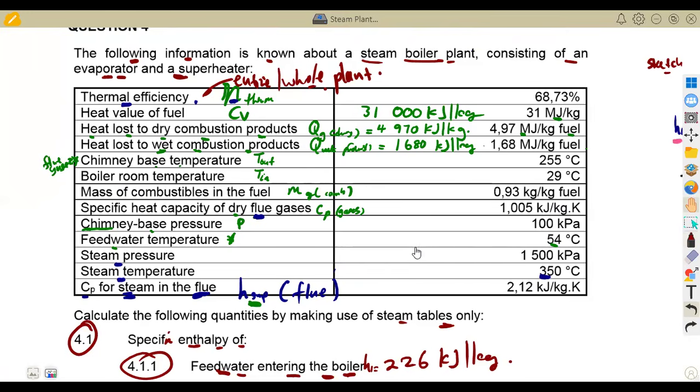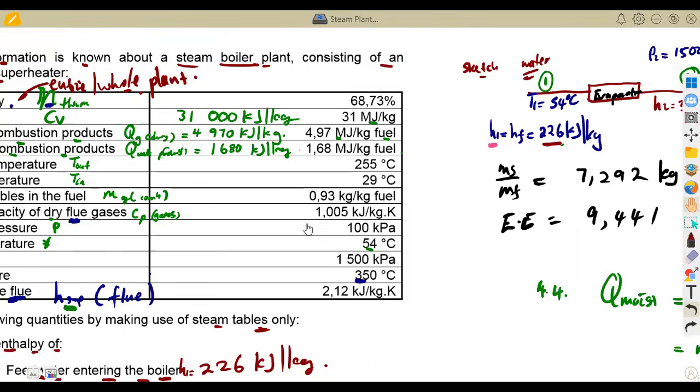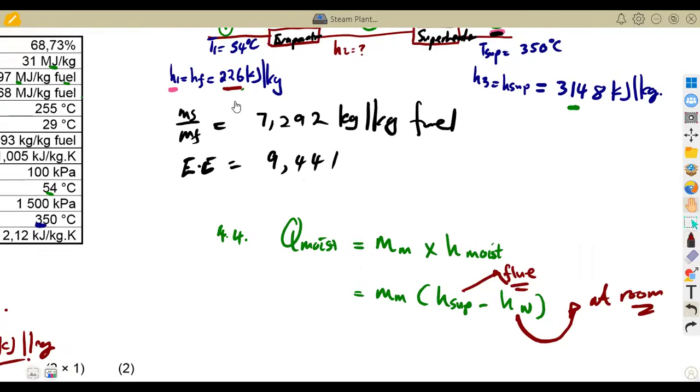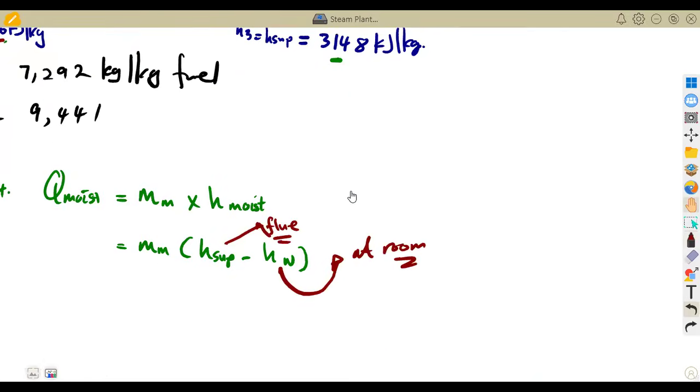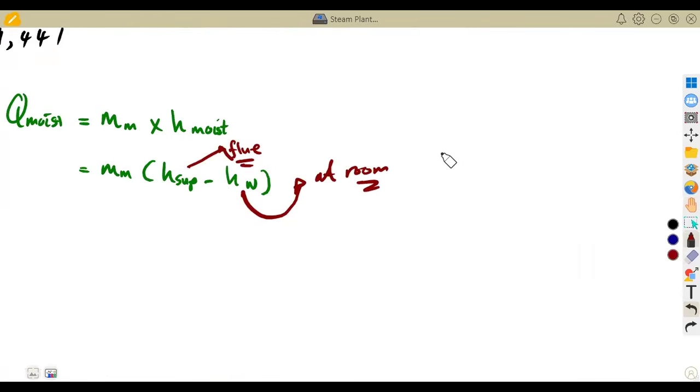If it is HW, which is for water, just like here we had H1, which is HF for water, so that is HF at the room temperature, 29 degrees Celsius.